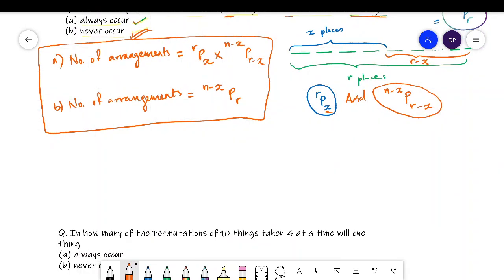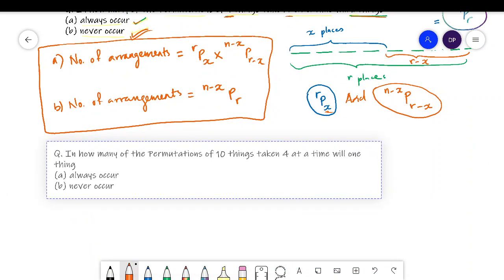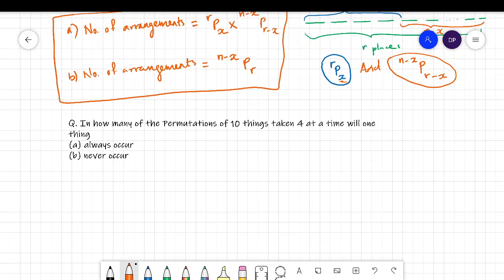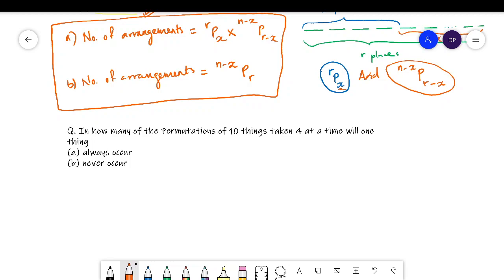Now let us look at one example. In the example it says, in how many of the permutations of 10 things taken 4 at a time will one thing always occur? We are taking 4 things at a time, meaning there are 4 places to occupy. Now, one place is already booked by this one thing, because the first condition says it always occurs, meaning one of these places.